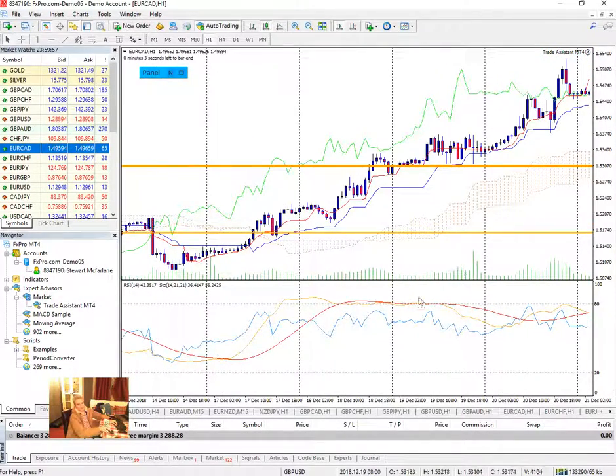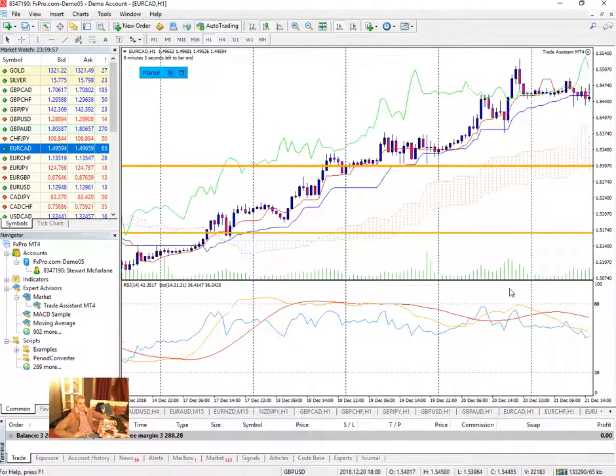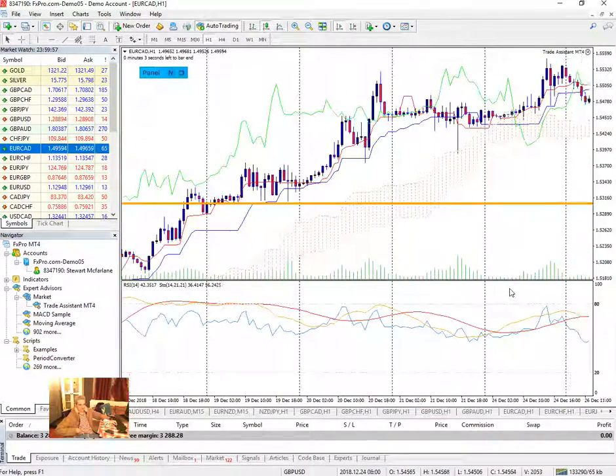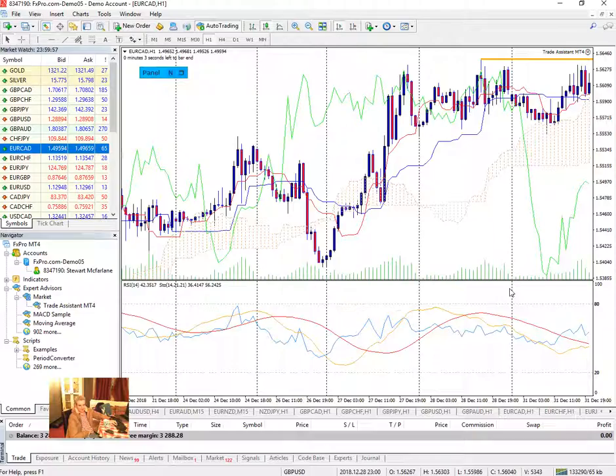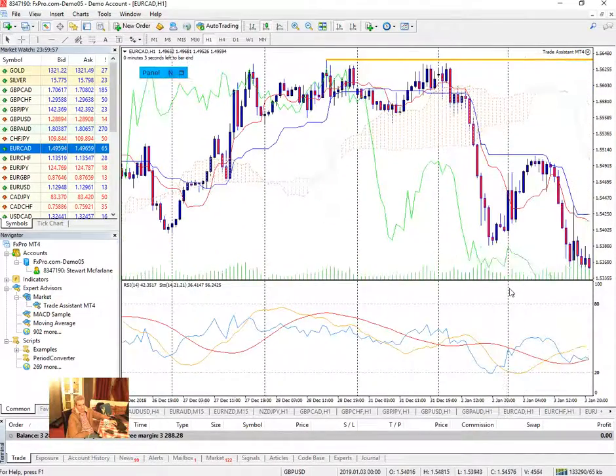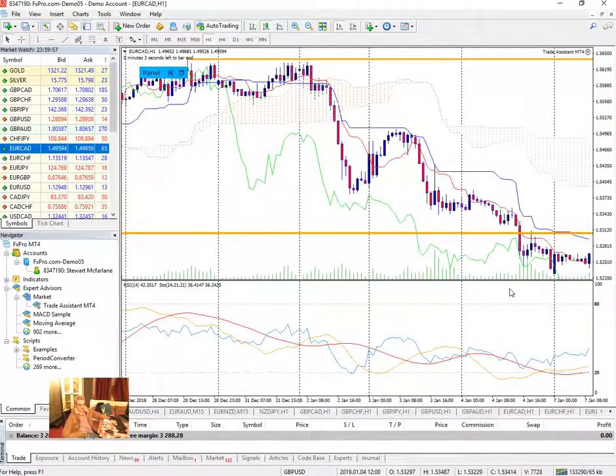So these ones are not even worth trying to do, to be honest. Yeah, there, that is a bullish reversal pattern.